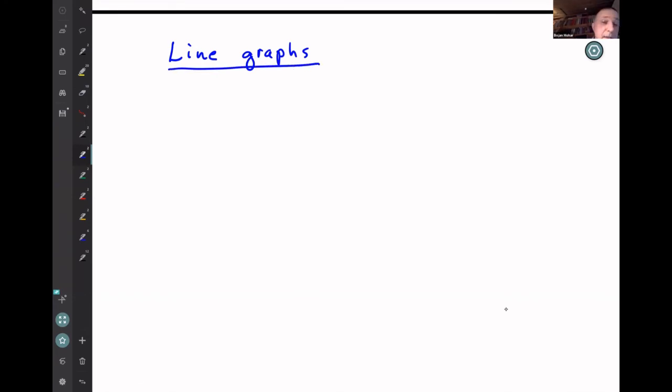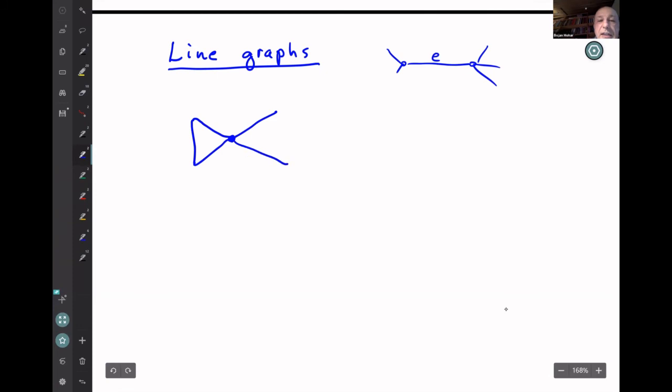If I take a line graph, then each vertex in the line graph, let me think of it as an edge e, maybe of degree 3. In the line graph, this vertex will be adjacent to a clique of size 3 and a clique of size 4.